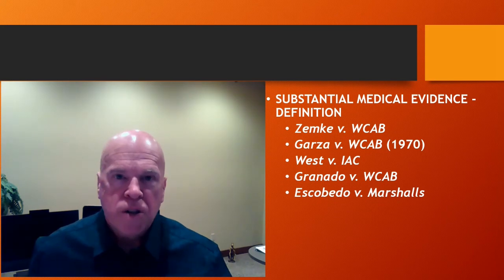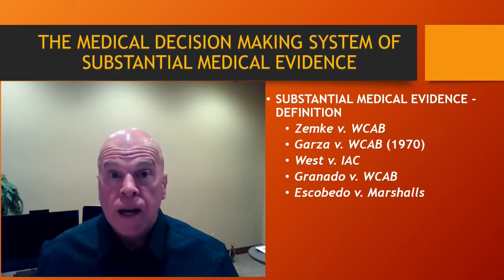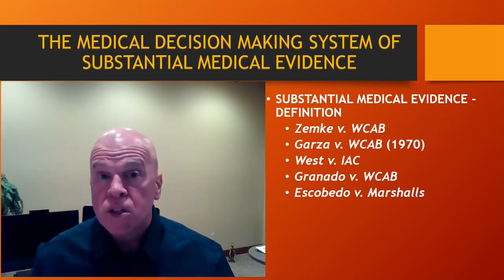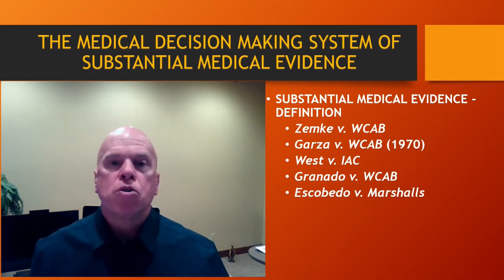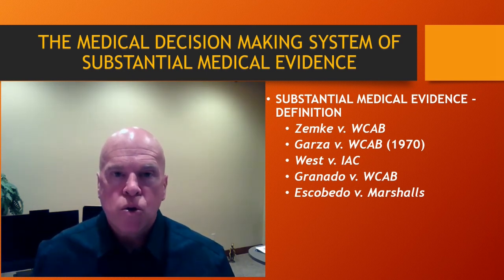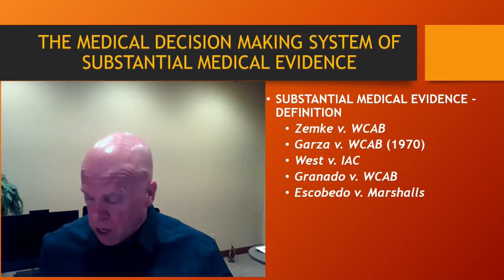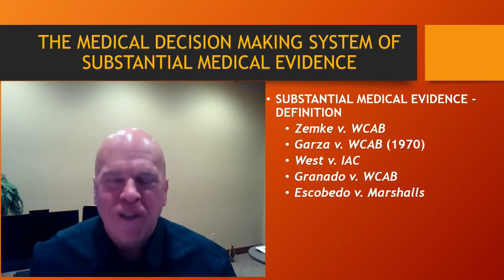Now, there are several important precedential cases that the courts rely on over the years, and I'm talking decades, even dating back all the way into the 60s, that the courts rely on in assessing our reports and in assessing our opinions and conclusions as substantial medical evidence. And we'll review these one by one and in order of historic significance.